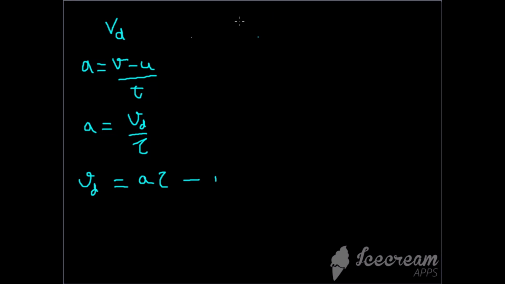Now again I use E is equal to F by e, the force experienced by the charge. Here E is the electric field, F is the electric force, and small e is the charge on the electron.